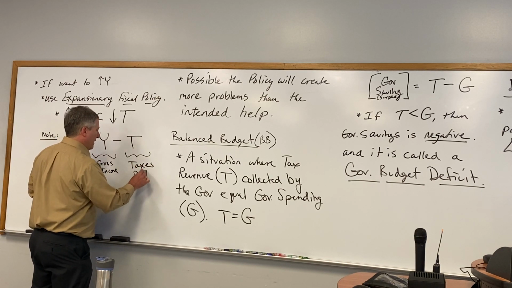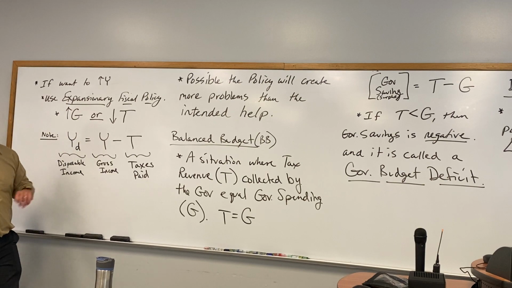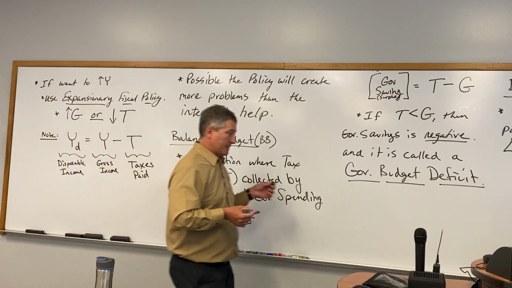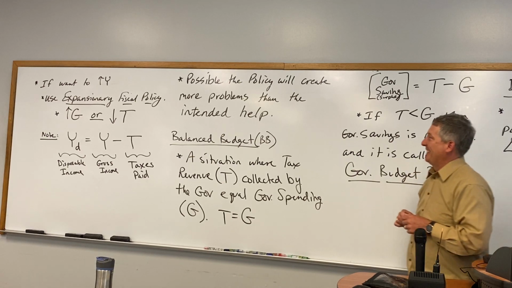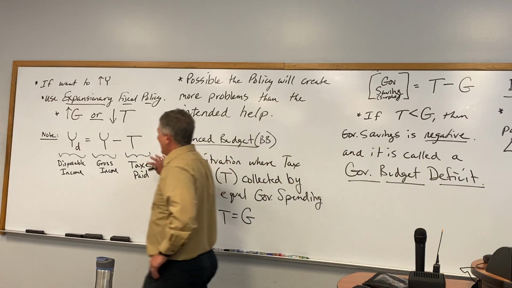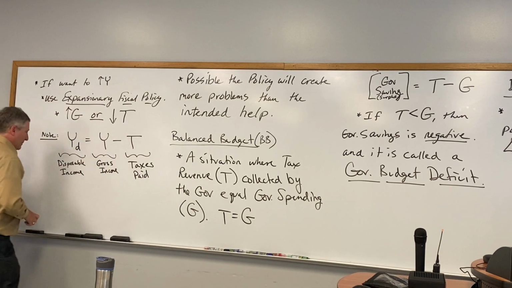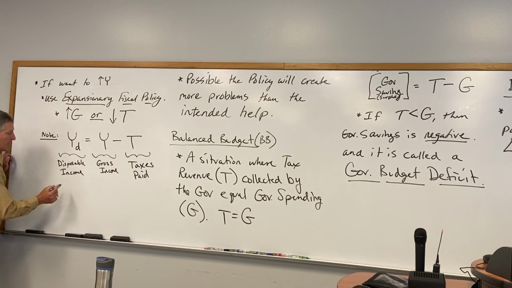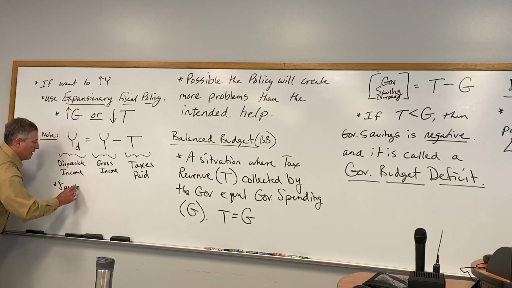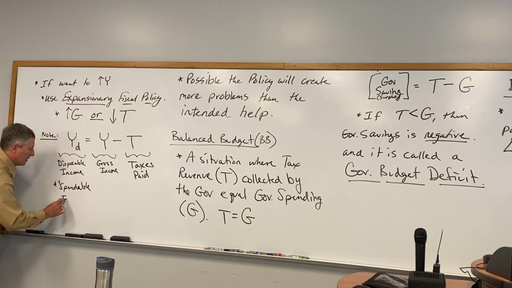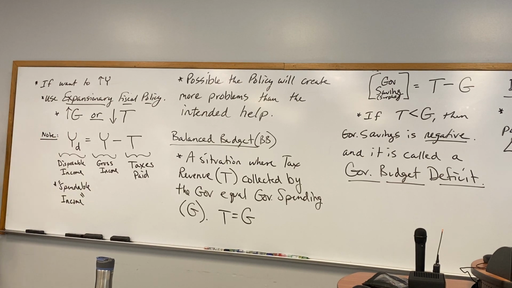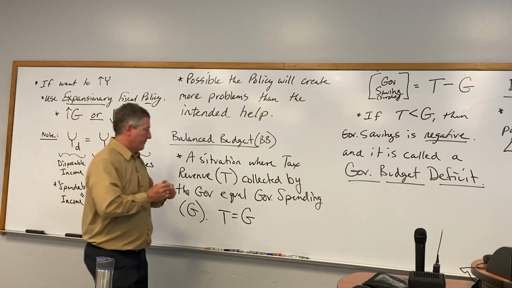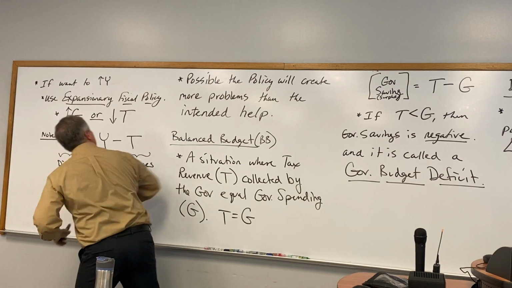Taxes paid by you is what the government collected in taxes. So that is our money to be able to spend. So think about disposable income as spendable income by you. All right, any questions on that?